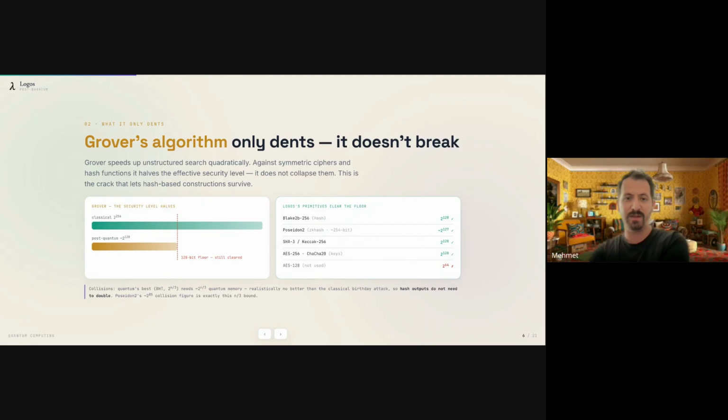But the good thing is that symmetric ciphers and hash functions are still secure against quantum computers, because even if you use that algorithm and the quantum computer, the security level is just halved.